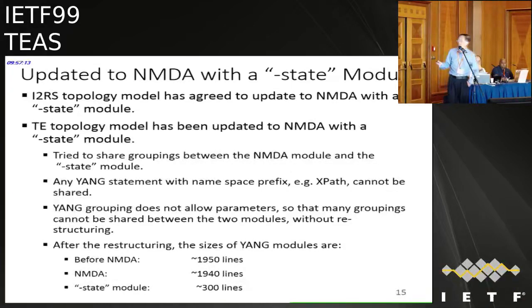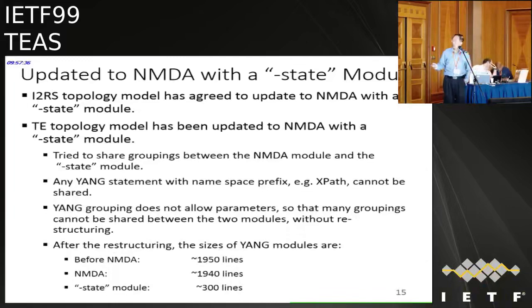NMDA changes. Thanks. We have a dependency on the I2RS generic topology model, and the base topology model has agreed to change to NMDA. Thanks to Alex, the changes have been completed, so that we can do our changes also.